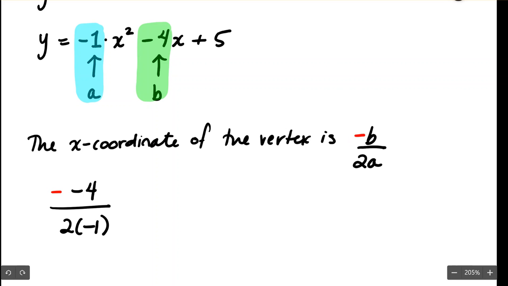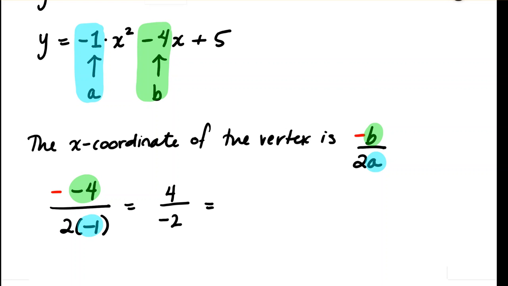That minus sign just means change the sign of b. It's really a minus 1 times b. So we've got minus 1 times minus 4, which is a positive 4, all over 2 times minus 1, which is minus 2. Dividing by my denominator, this is 4 divided by negative 2, which is negative 2.